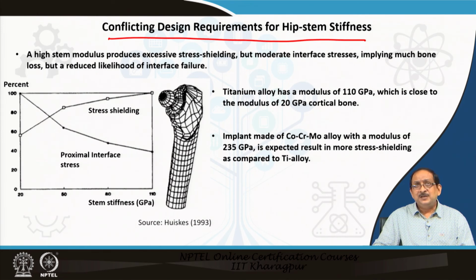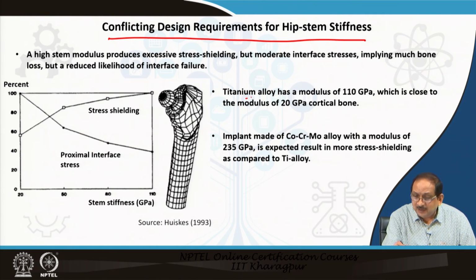A high stem modulus produces excessive stress shielding, but moderate interface stresses, implying much more bone loss or resorption, but a reduced likelihood of interface failure.